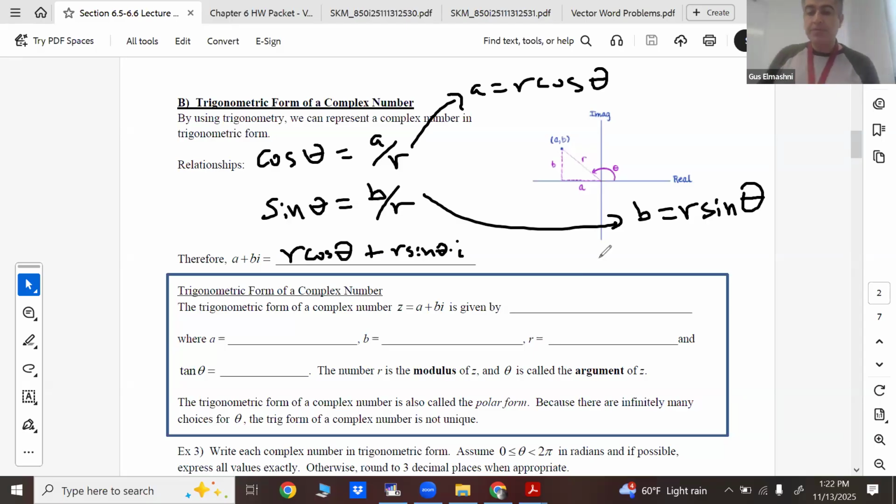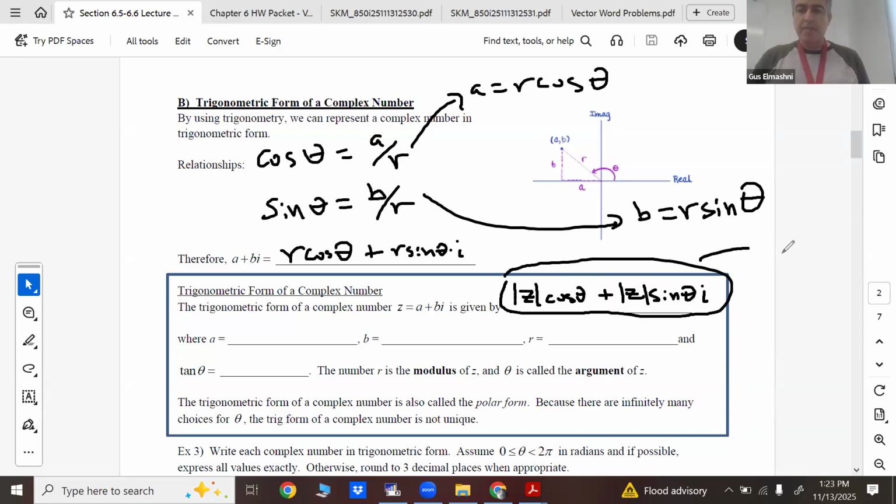But really what we're going to do is we use the letter Z instead. So the trigonometric form is given like this. Or sometimes we write it like this.